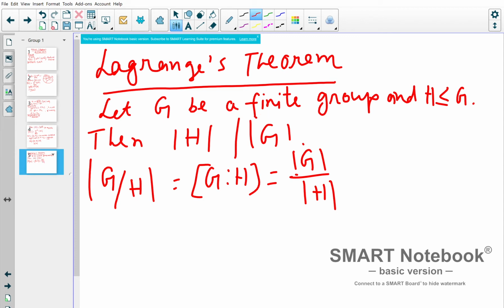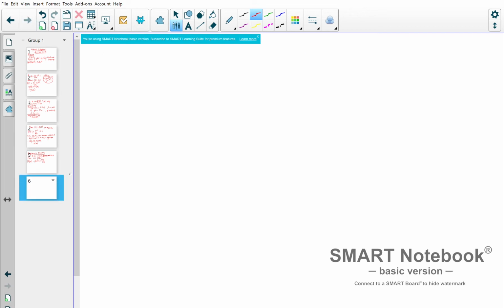Obviously I'm assuming a finite group. This is called Lagrange's theorem, that tells you that whenever you have a subgroup of a finite group, the number of elements inside the subgroup must divide the number of elements inside the group G. And obviously there are lots of applications, lots of corollaries.